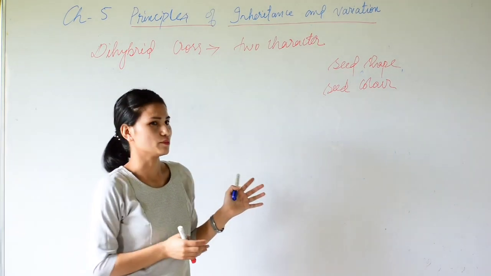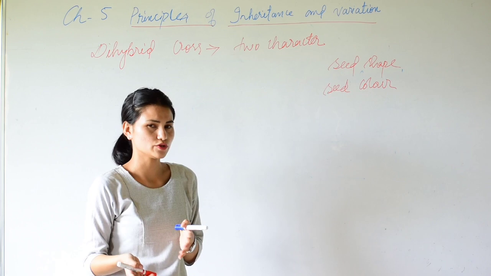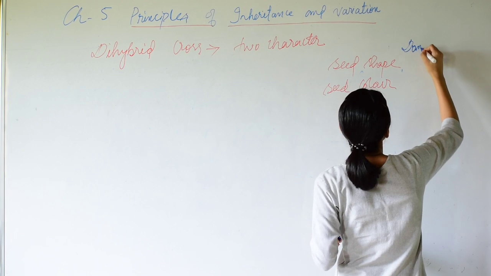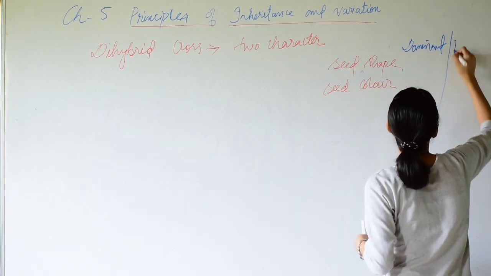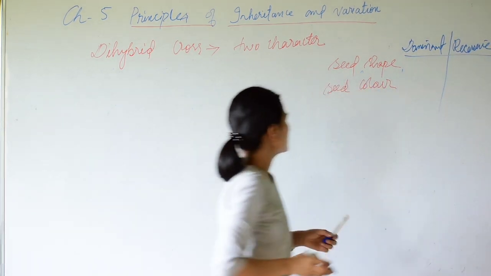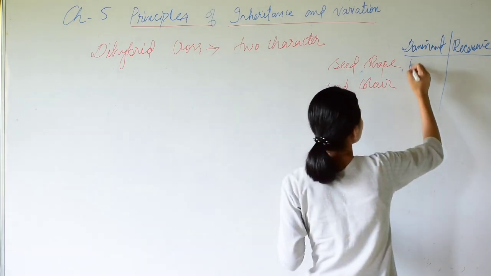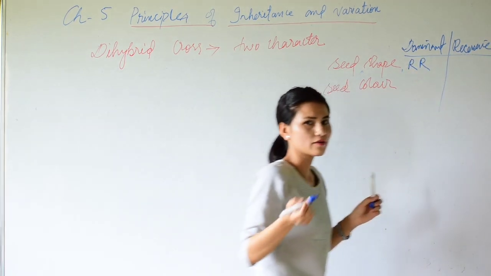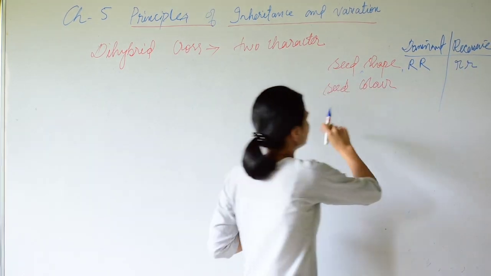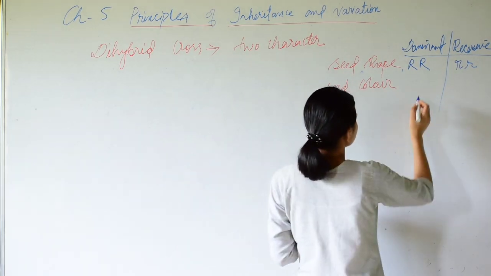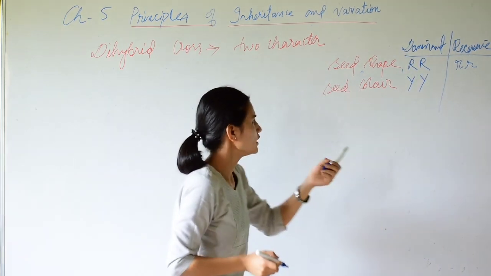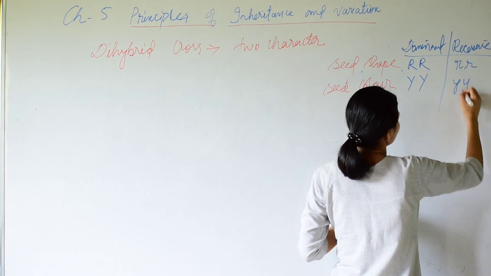Even in this case, there will be one dominant and the other recessive, in which we will use alphabets. For seed shape, we can use round for dominant, capital R, and for recessive, small r. And for the seed color, we can use capital Y, that is for yellow, and small y for green.